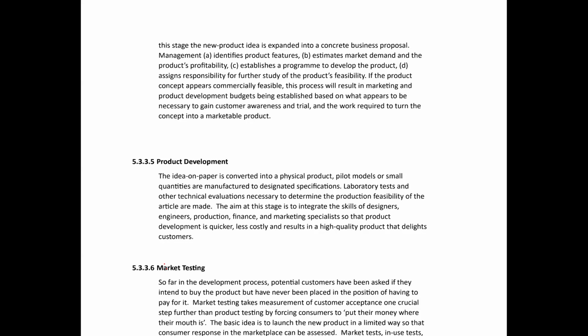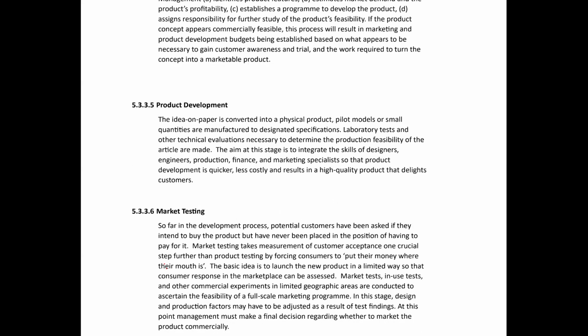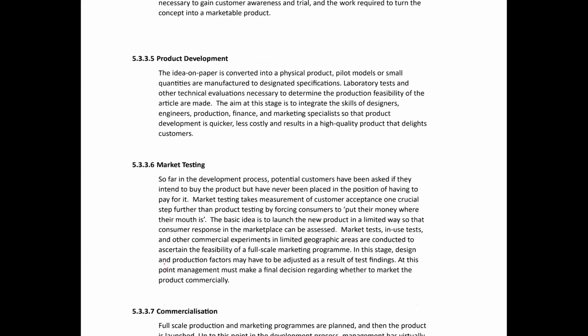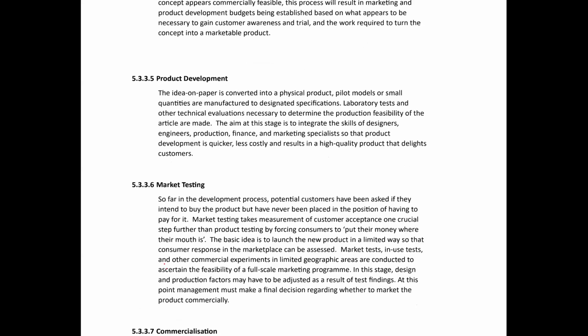Very, very important. Product development is another stage that I have just highlighted, right? What about product development? Under product development, the idea on paper is converted into a physical product. For example, pilot models or small quantities are manufactured to designated specifications.